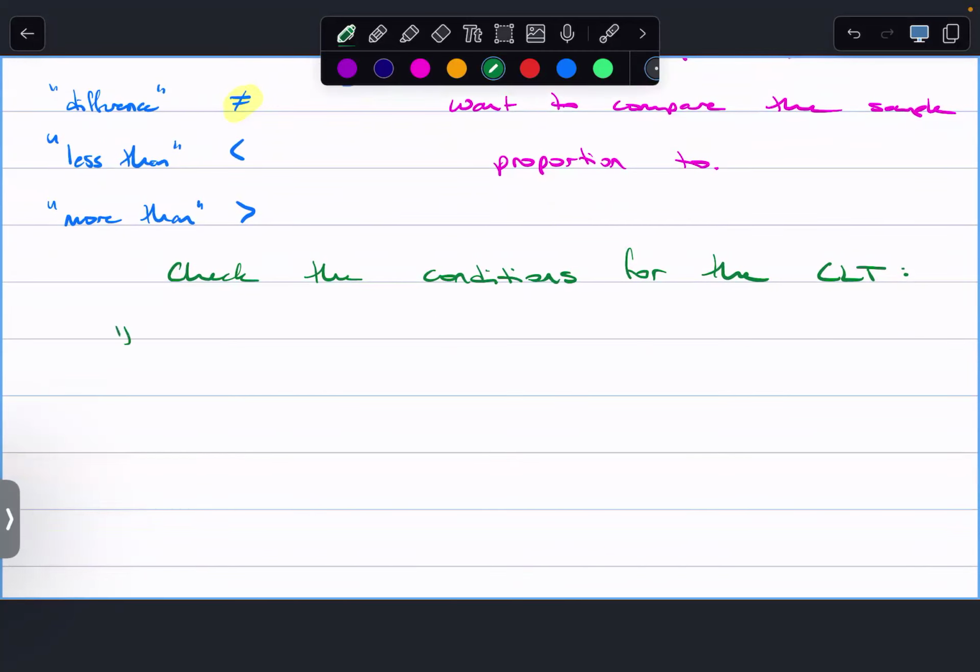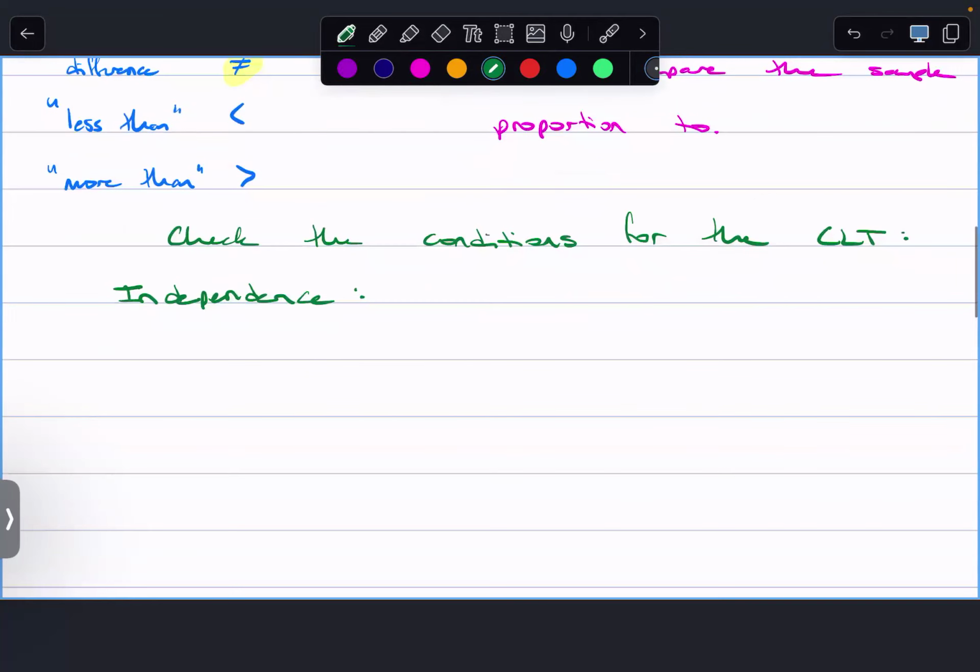The first part is the independence condition. This is going to be the same as for a confidence interval. The independence condition has two parts, but one main one.